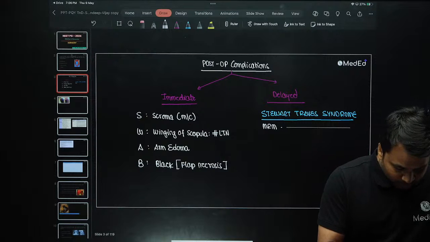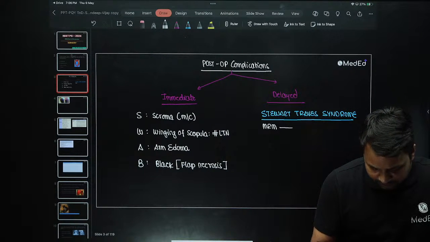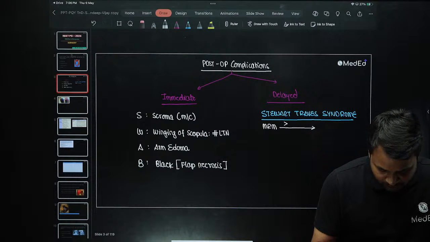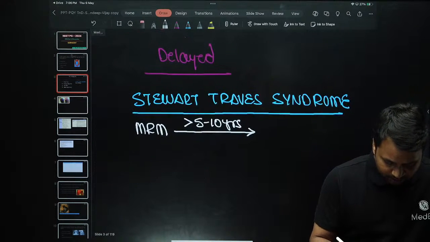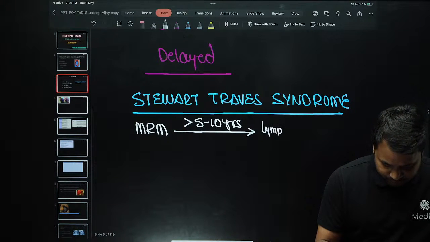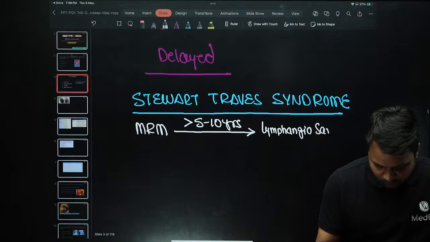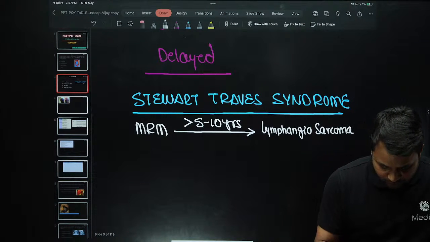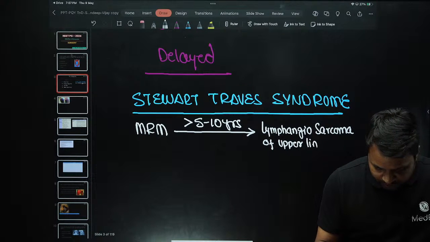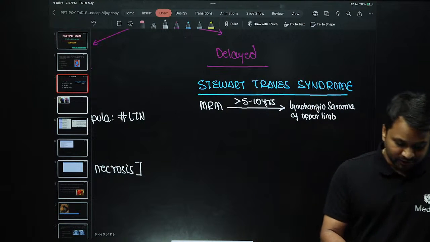This complication takes at least 5 to 10 years. So after 5 to 10 years of modified radical mastectomy, the patient presents with lymphangiosarcoma of the upper limb. This lymphangiosarcoma of the upper limb is what we call Stewart-Treves syndrome.